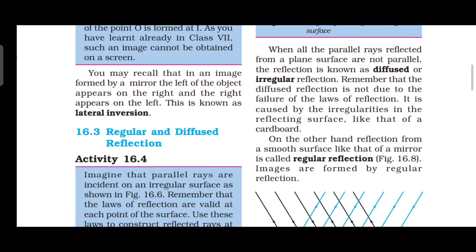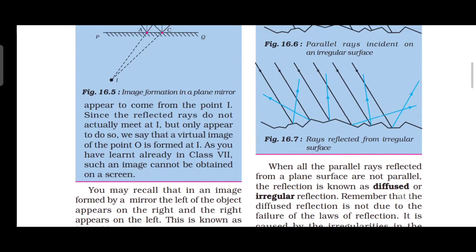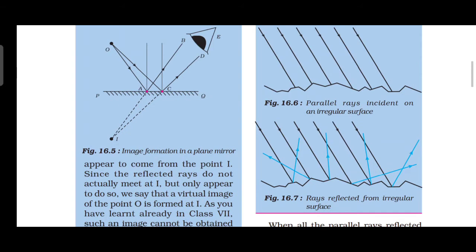Okay, it is an irregular surface. See the picture, the surface is irregular. Okay, then the law of reflection is valid at each point of the surface.